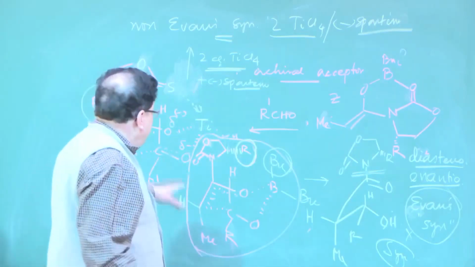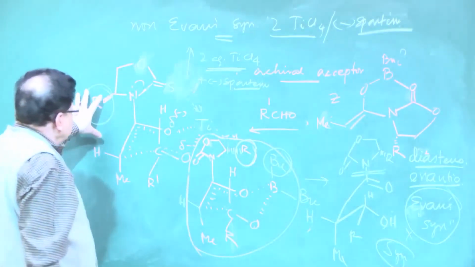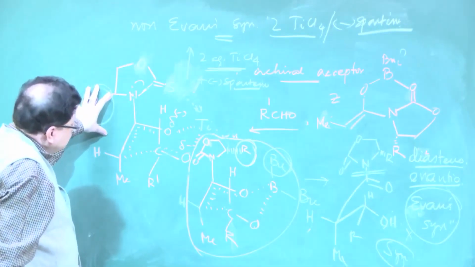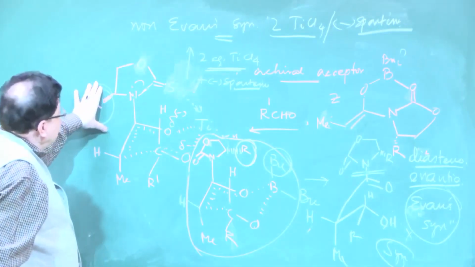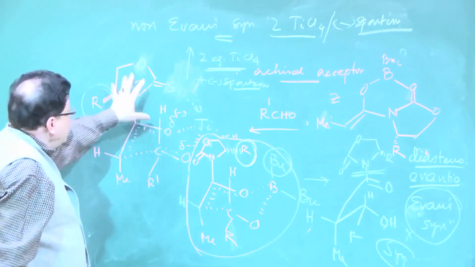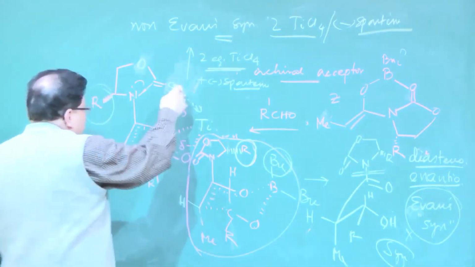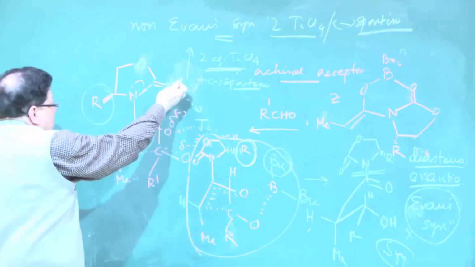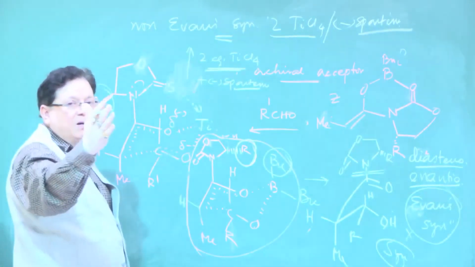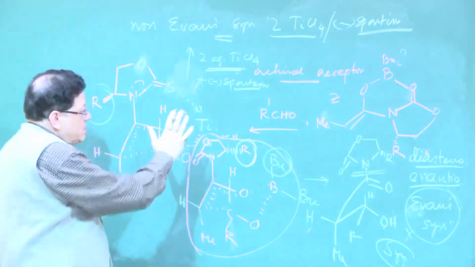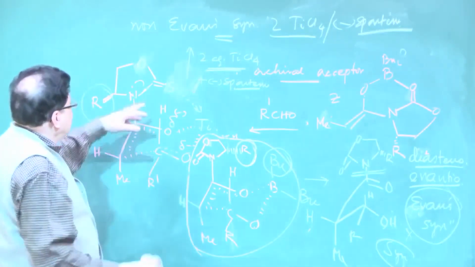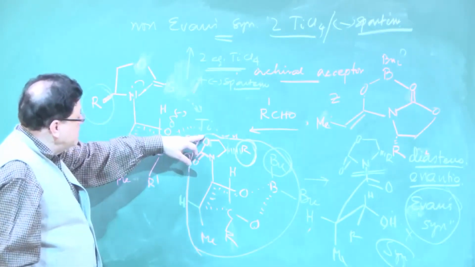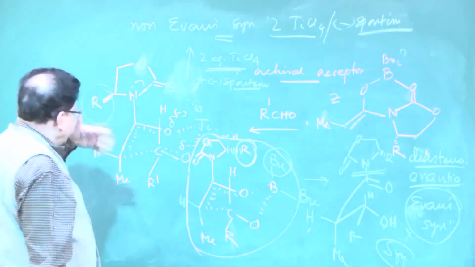So, that is, I think, the chemistry, the logic is sound. The logic is that earlier there was this electronic repulsion, so that forced the oxazolidone to push the carbonyl on this side, and the R group was going backward. So, the aldehyde could have approached from the front side of the board, but when this is sulfur, it chelates to the titanium, and the R group is now coming towards us.